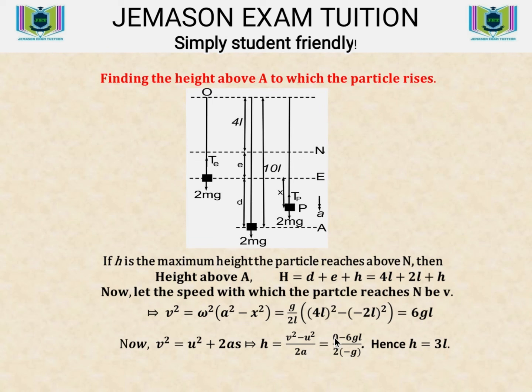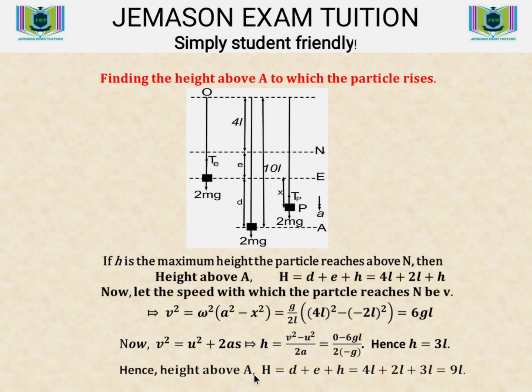So we have 0 squared, which is 0, minus the square of the initial speed, which again we have noted is the speed with which the particle reached N, which we have just calculated above. And so that u squared would be 6gL all over 2a, a being the acceleration due to gravity, and it's negative because the particle is moving against gravity. And doing the calculation and simplifying, we have that the maximum height reached above N is 3L.